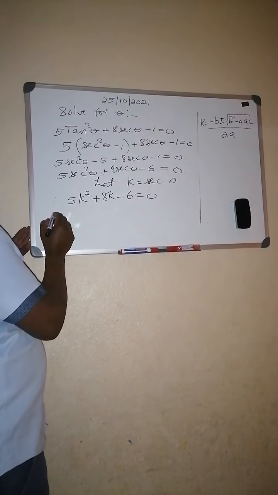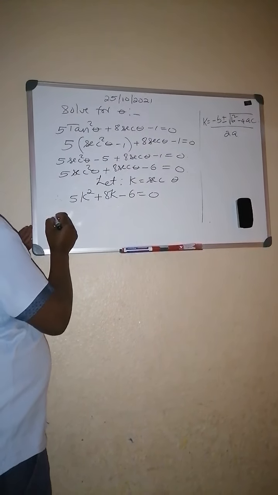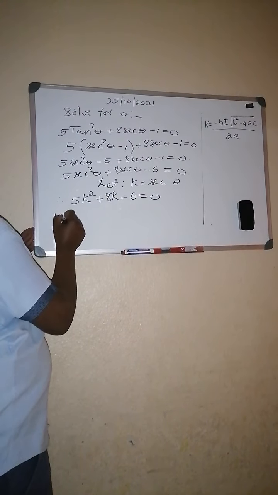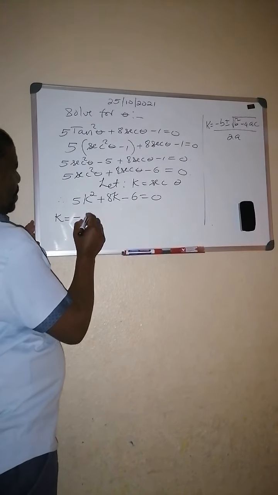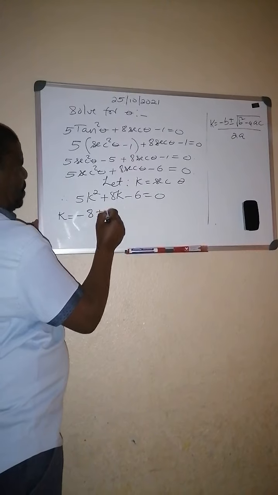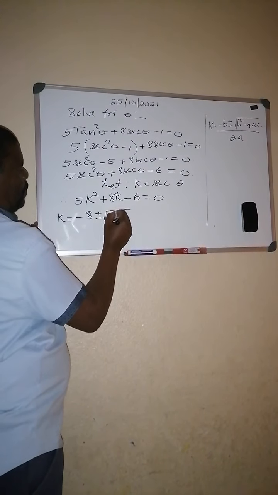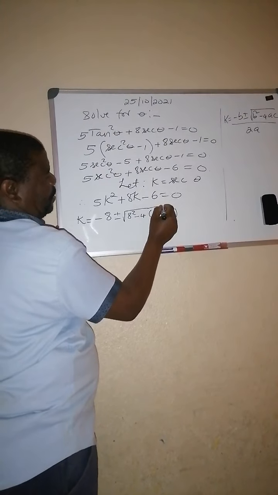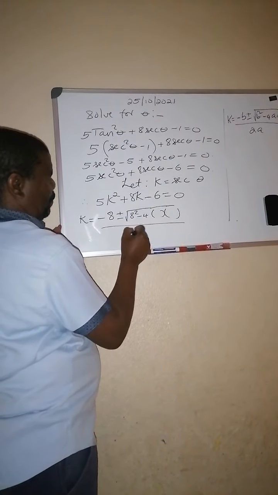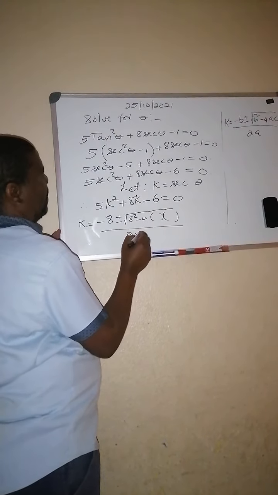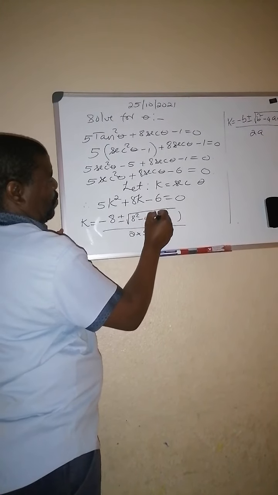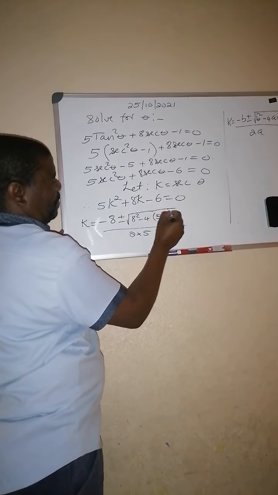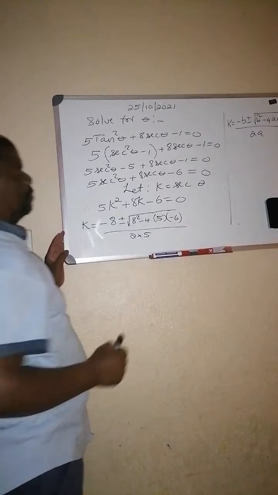Now therefore we will have k equals minus b, which is minus 8, plus or minus the root of b squared minus 4, what is a? What is c? All over 2 times a. What is a? A is 5. What is c? C is minus 6.